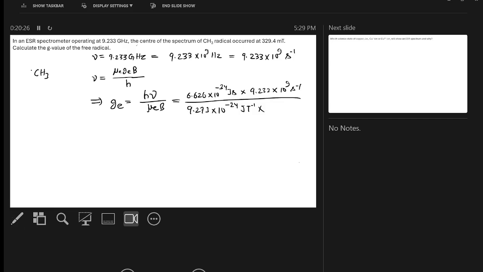It's in millitesla, so we have to divide by 1000, and you'll get something like 0.3294 Tesla. The joule, Tesla, and second will be cancelled, so g_e will be unitless, and you will get something like 2.0026, a little different from the value for a free electron.